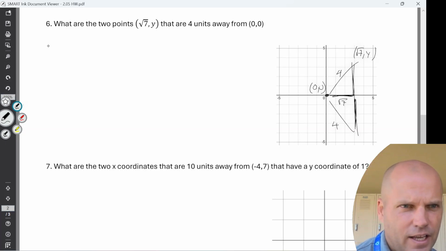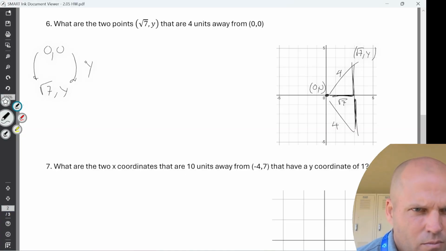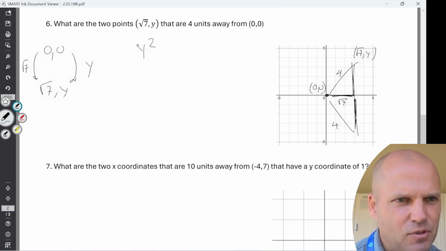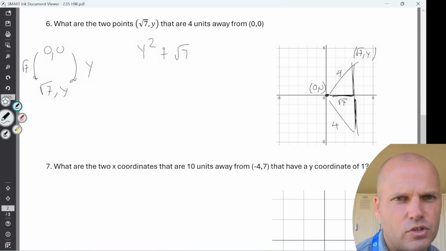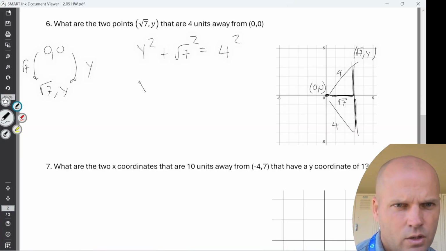If I go from 0, 0 to root 7, y, I have my x length and my y length. My y length is y, my x length is root 7, and I can set up this equation, y squared plus root 7 squared equals my hypotenuse 4 squared.